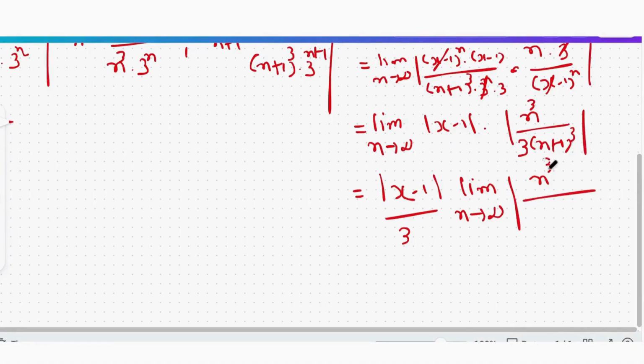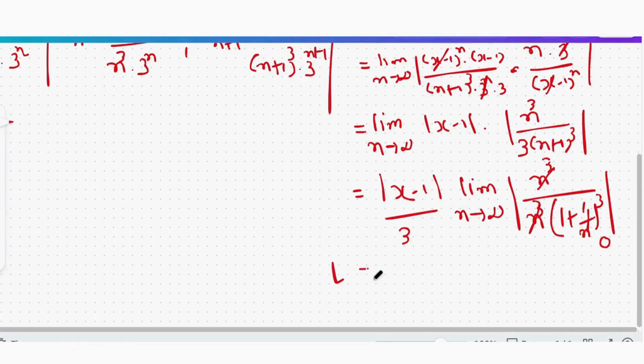From the denominator take n common, and it is n raised to 3 that is common, so we get n raised to 3 times (1 plus 1 upon n) raised to 3. Now this term is cancelled out. Apply limit n tends to infinity: this value becomes 0 and the entire value becomes 1.